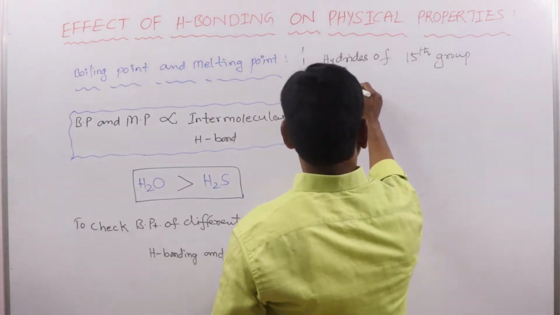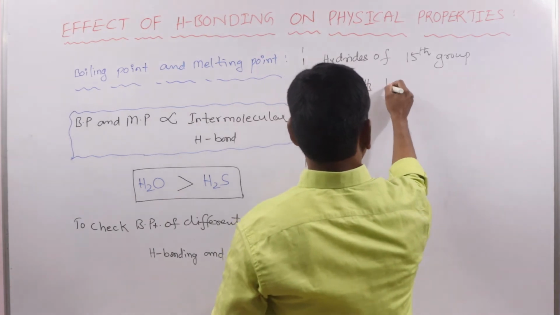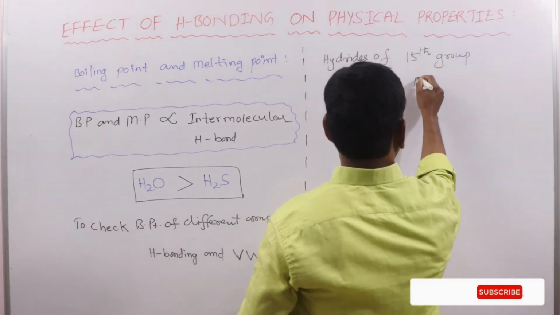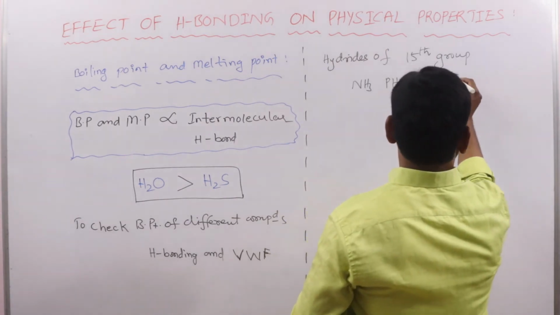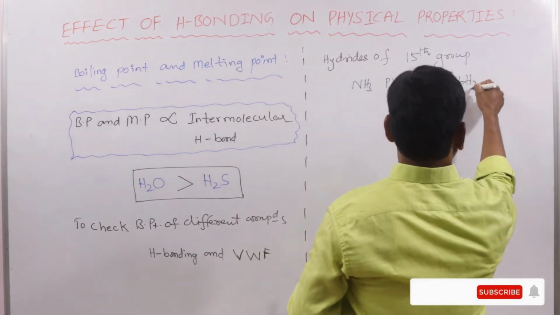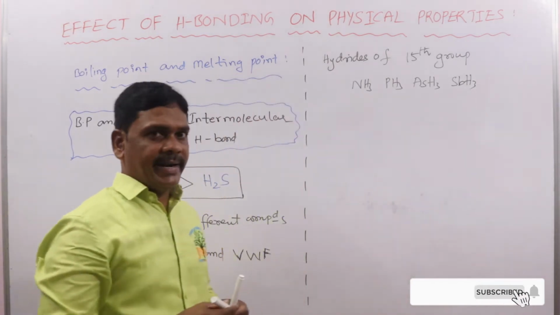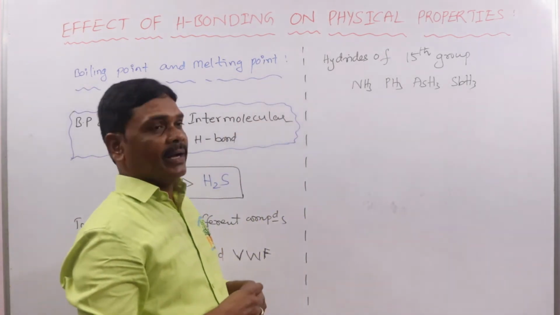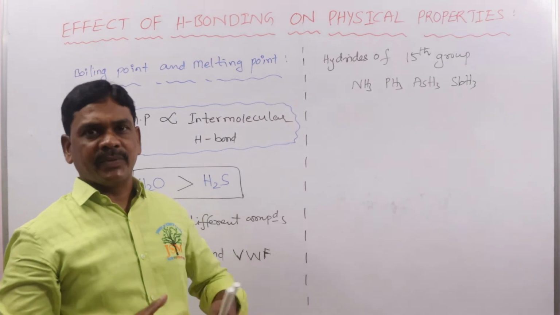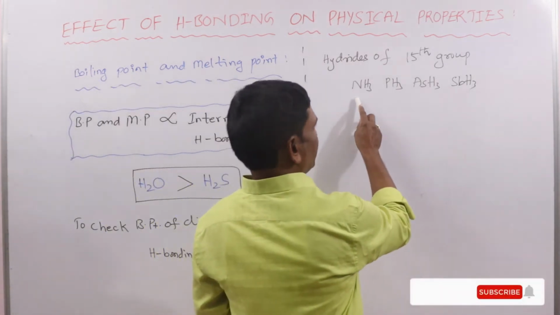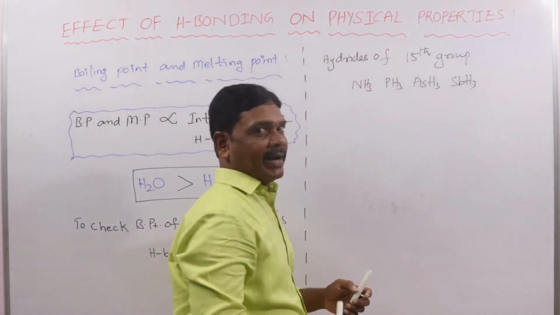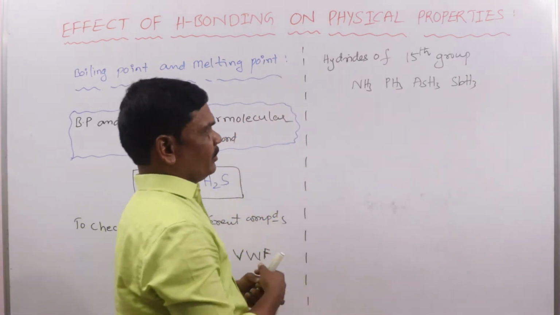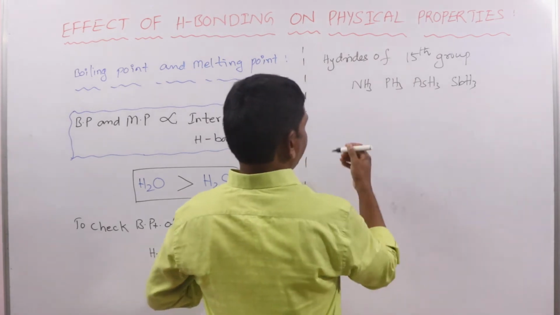We know the first one is ammonia, the second is phosphine, AsH3, SbH3. So these are the hydrides of 15th group elements: ammonia, phosphine, arsine, and stibine. Now, the boiling point order.